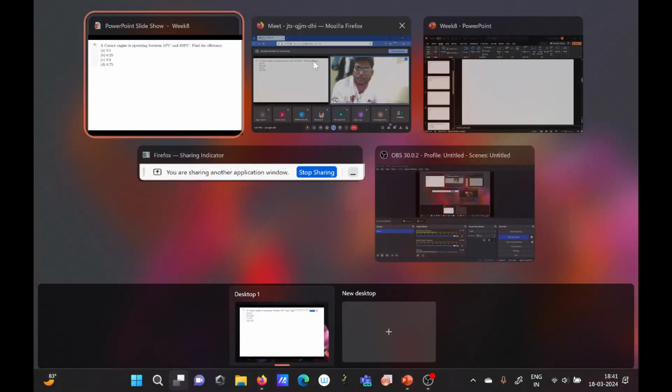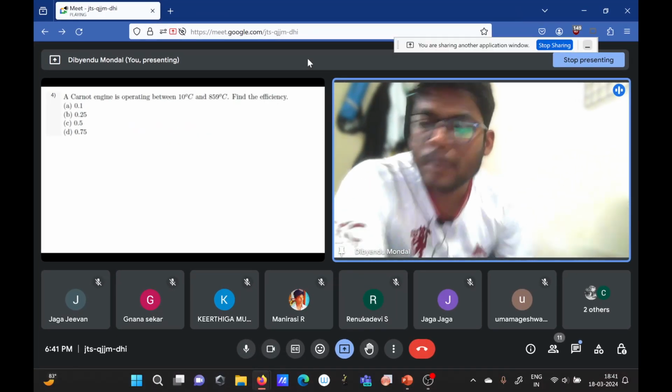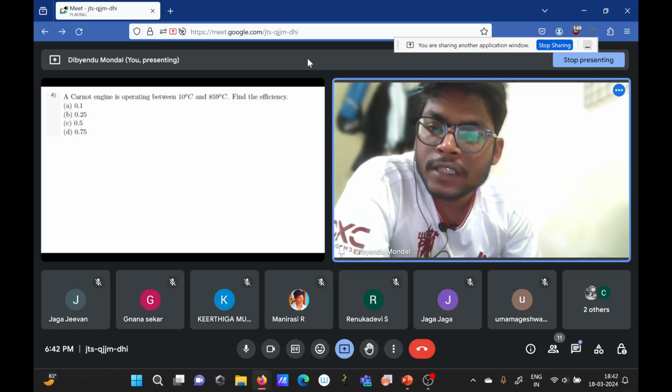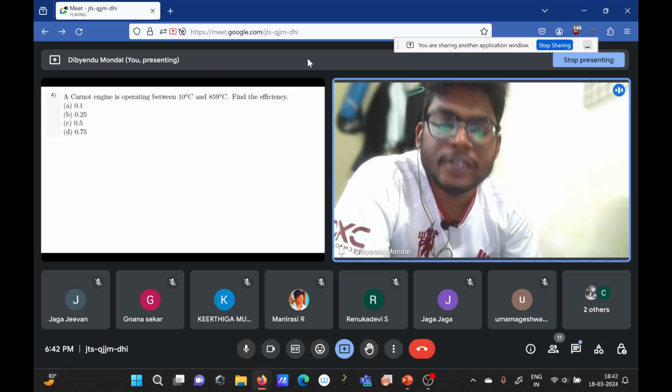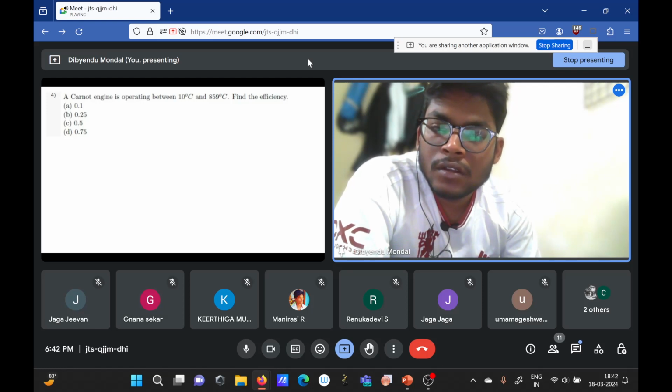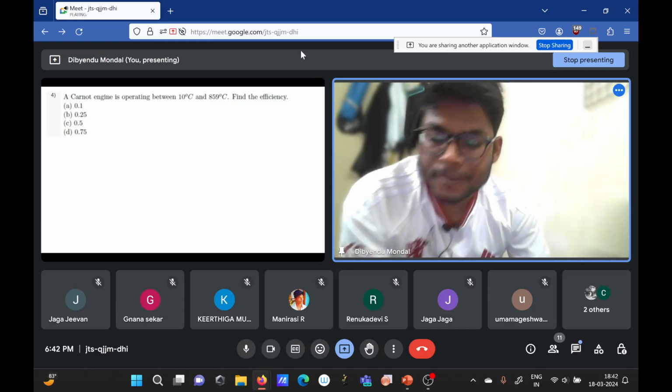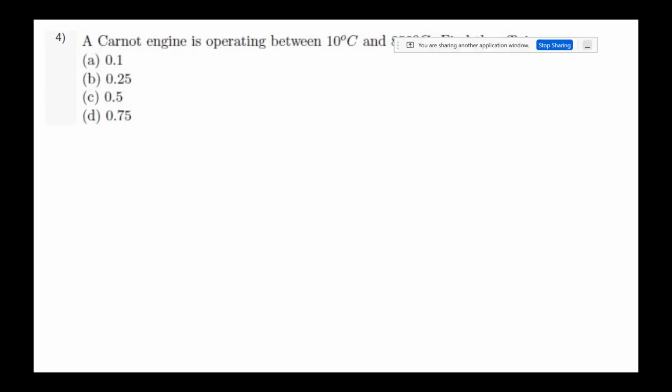So this problem says a Carnot engine is operating between 10 degrees centigrade and 859 degrees centigrade. Find the efficiency. So you guys have probably followed the lectures, but I will just briefly tell you about this.